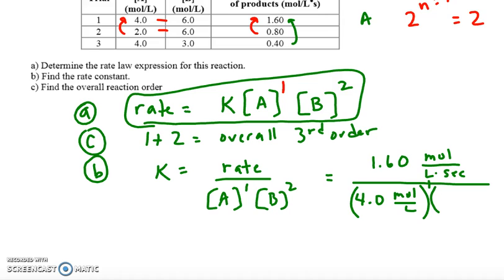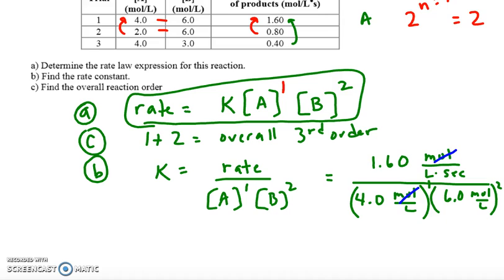That's to the first power. Then we're going to take the concentration of B, which was 6.0 moles per liter, but that has got to be squared.